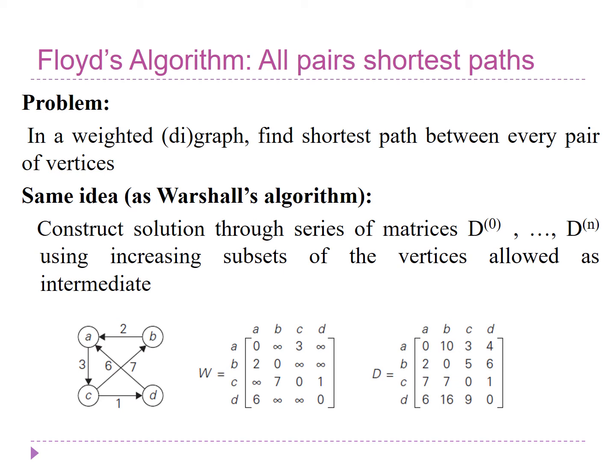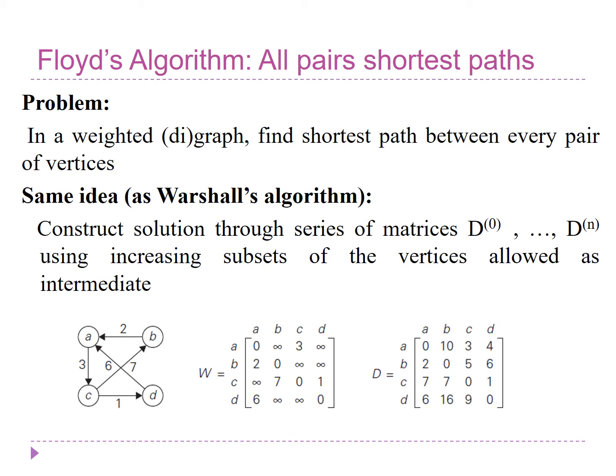For example, between vertex A and B, there is a path from A to B through C. That is, A has an outbound edge to C with a weight 3 and C has an outbound edge to B with a weight 7.